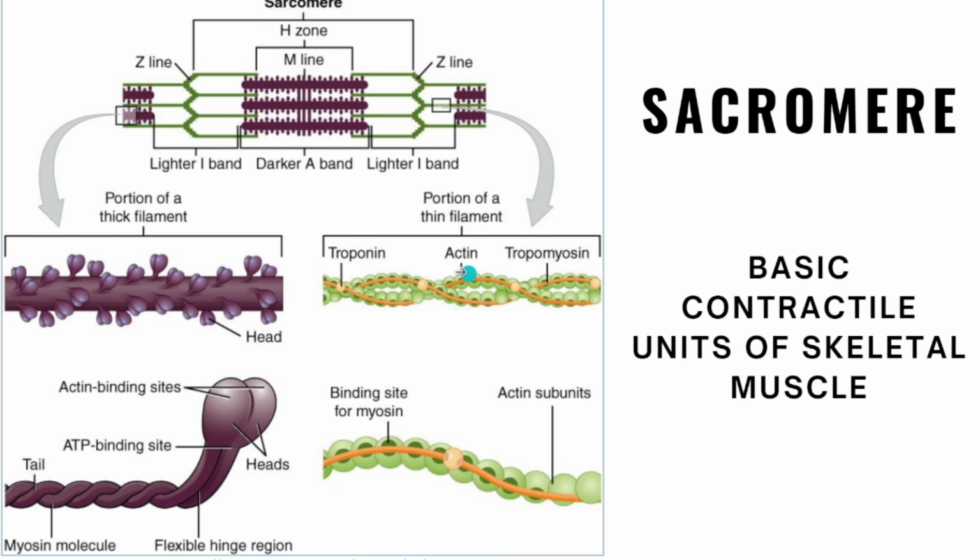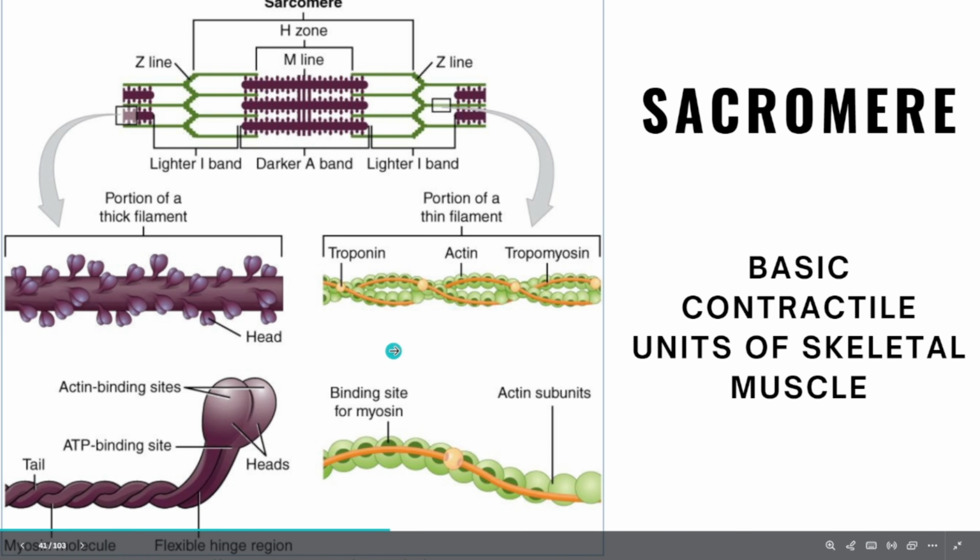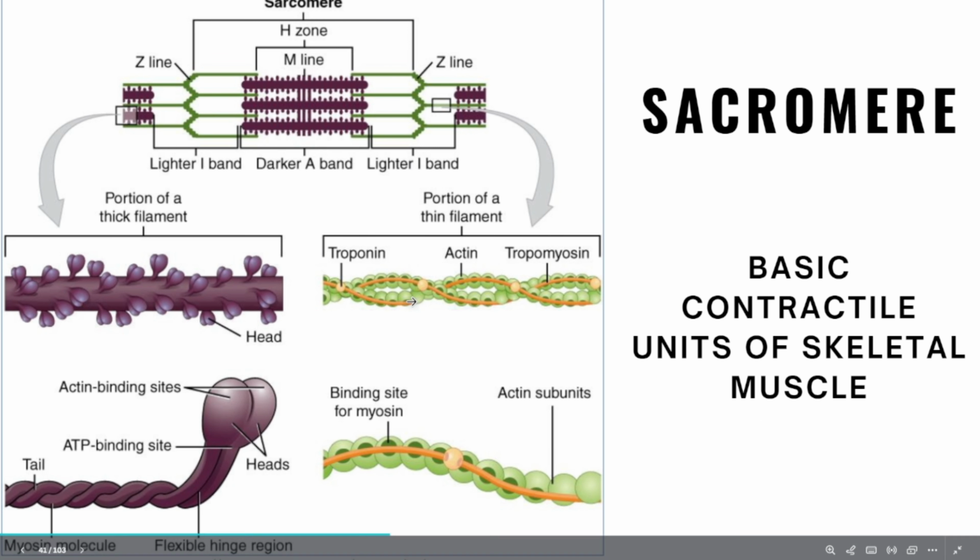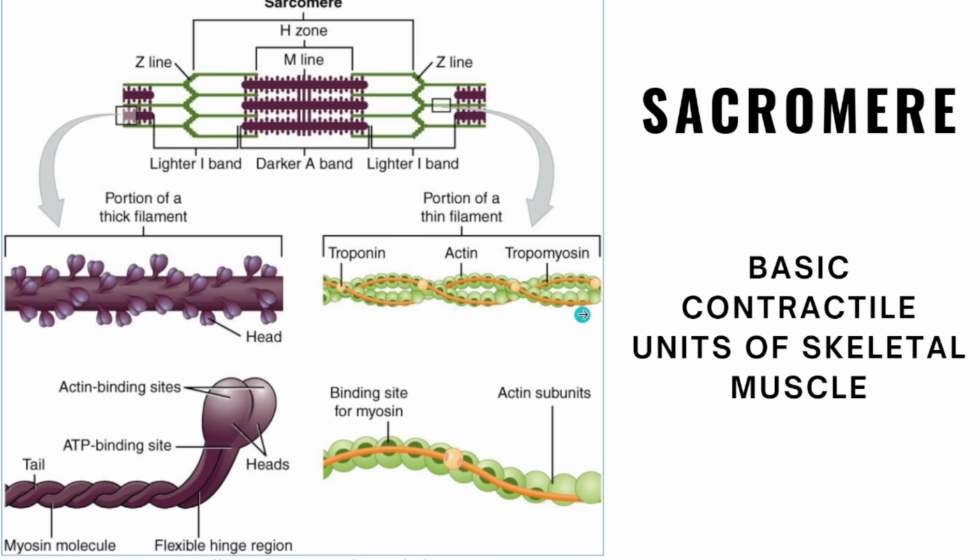So in muscle relaxation, not contraction, the actin actually has many holes here. You can see there are many holes here. It is made up of 2 helical polymer strands that are coiled around each other.